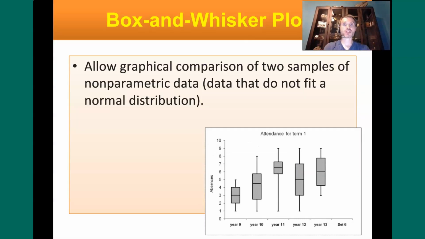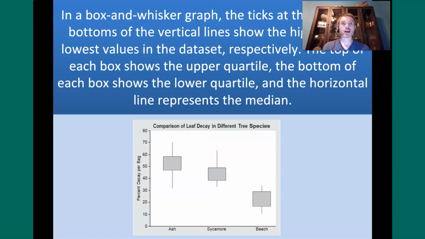The next type of graph, you may have seen, is called a box and whisker plot. The purpose of these graphs is it allows us to compare two samples of non-parametric data, so data that doesn't necessarily fit that nice normal distribution. So in these graphs, the ticks at the top and bottom of the vertical lines show the highest and lowest values in that data set.